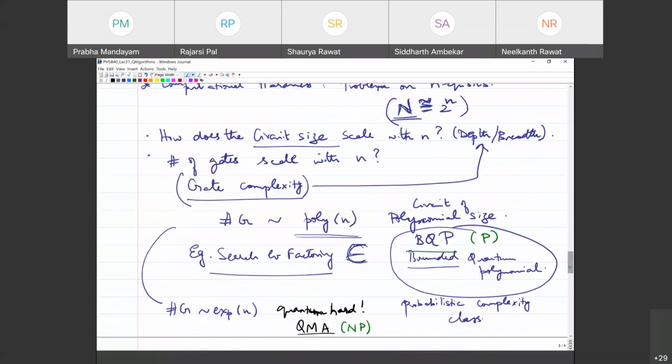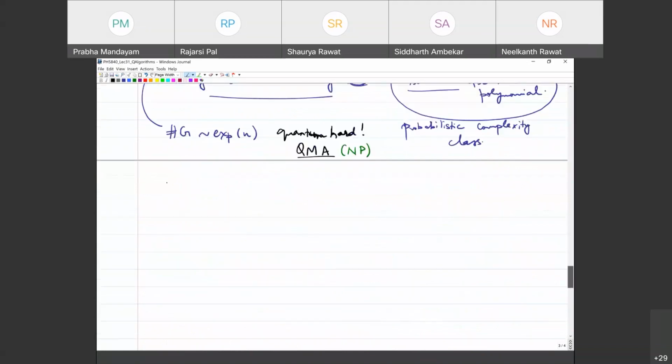So when I say computational hardness, I should mention separately that in the case of Oracle-based algorithms, the notion of hardness comes from what is called query complexity.